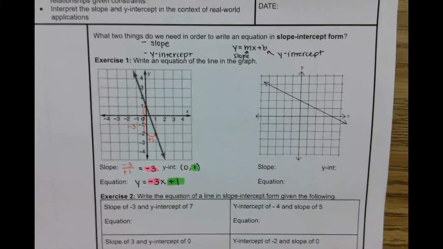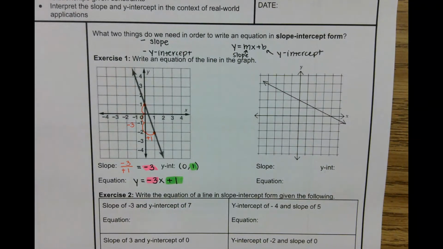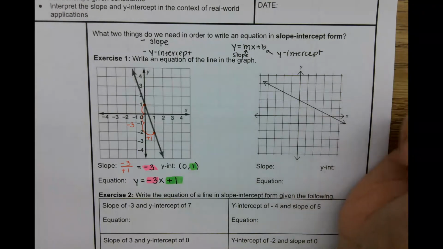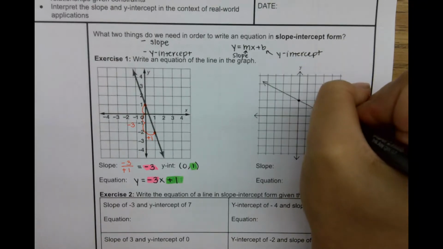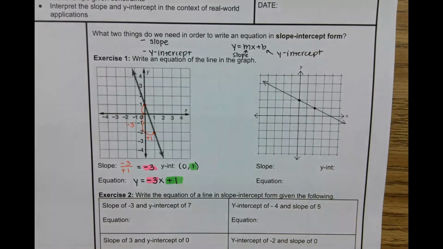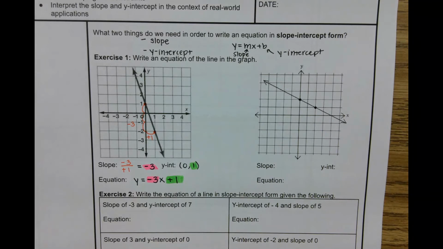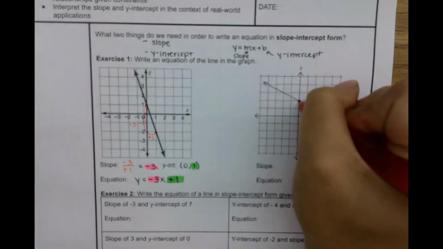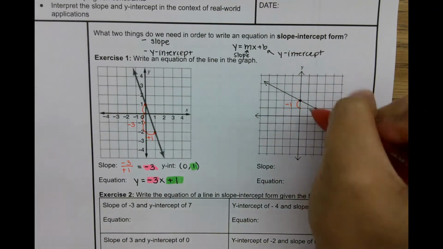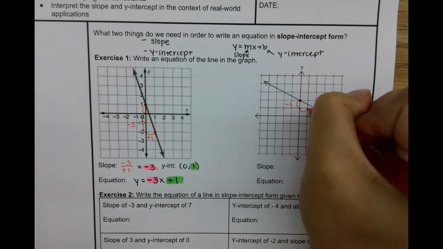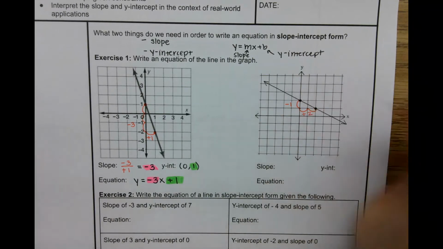Here I'm going to do the next one. I'm going to find 2 points. I'm going to pick this point here, and I'm going to pick this point here. Again, pick nice points that you can easily see on the grid, not something that's in between. From left to right, I go down 1, so that's -1, and I go to the right 1, 2, so that's +2.